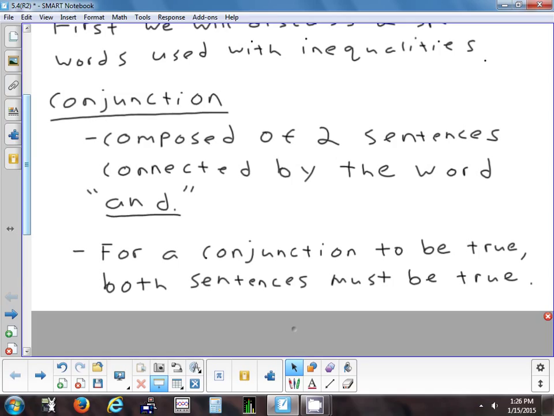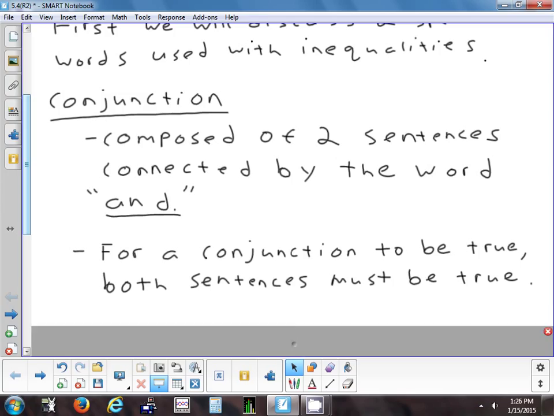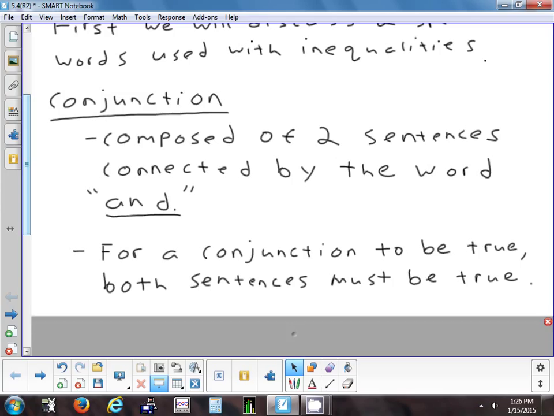Both. If you try to log in and the username is wrong, but the password's right, false. It's not going to work. You've got to have your username right and the password right if you want to get into the account you're trying to get into. Any questions on that?